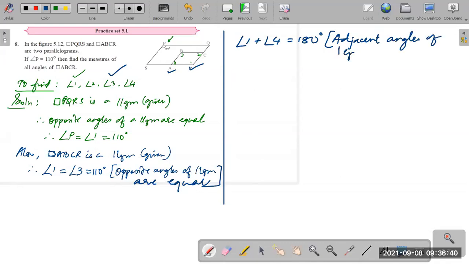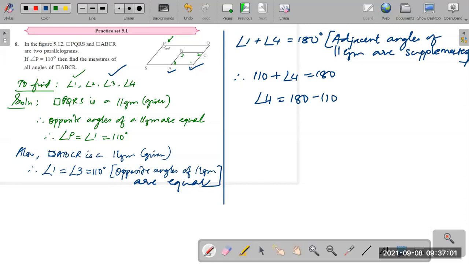Adjacent angles of parallelogram are supplementary, or you can write the sum is 180 degrees. We know angle 1 is 110, so 110 plus angle 4 equals 180. So what is angle 4? 180 minus 110, which is 70. So we have got angle 4.